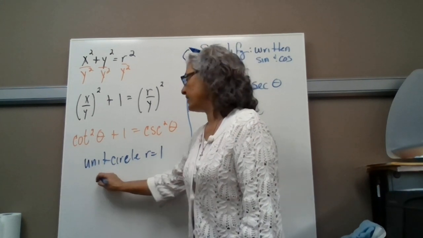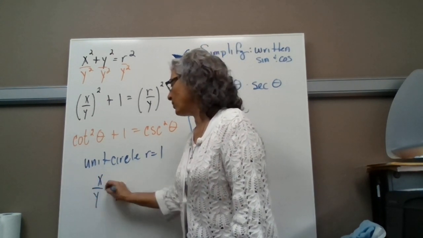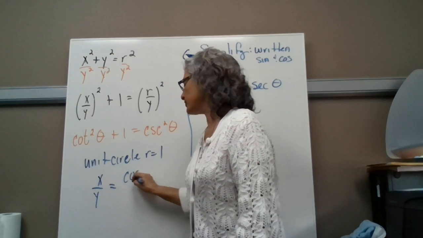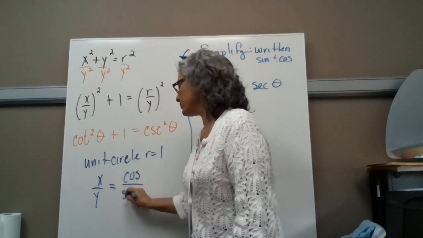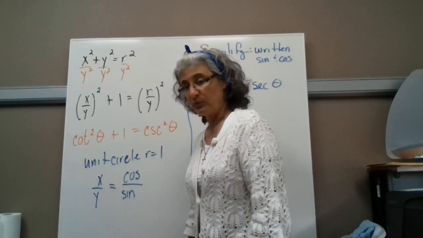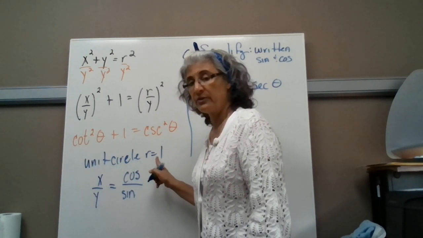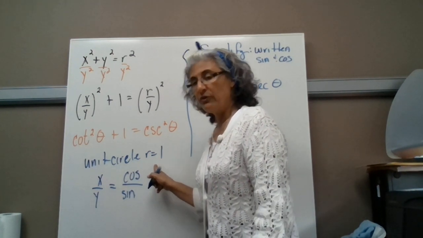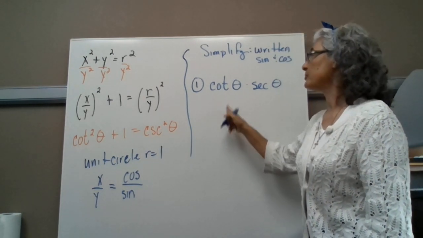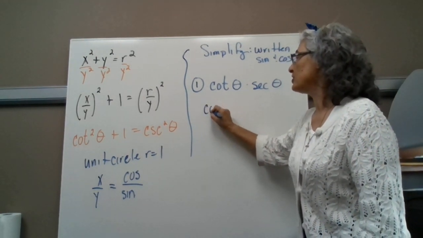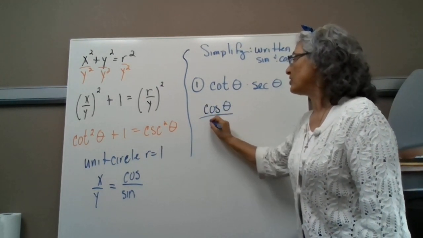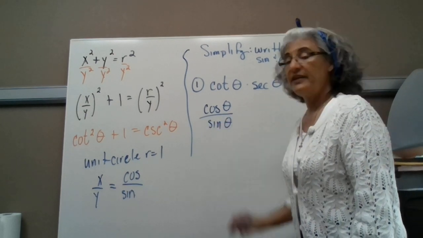So, if I'm talking x over y, doesn't x refer to cosine and y refer to sine? When I'm on the unit circle, when r equals 1. So over here, couldn't I replace the cotangent of theta with cosine of theta over sine of theta?